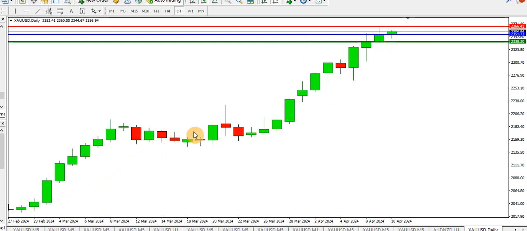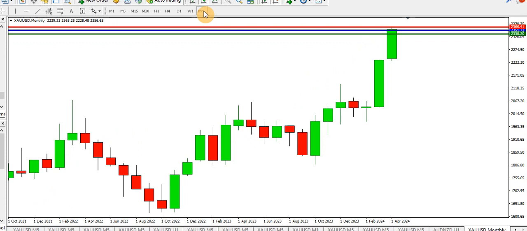Looking at how the market price has progressed, you can see it's an ascending, strongly bullish market as it is. Now let's take a look at the monthly time frame.